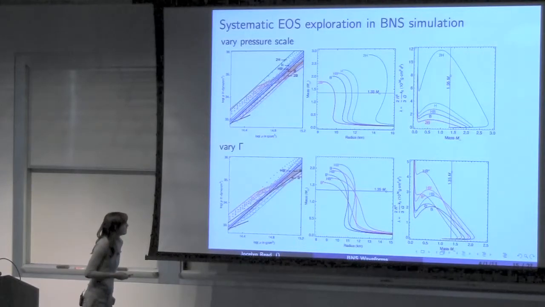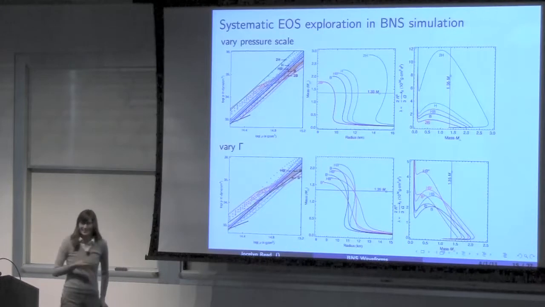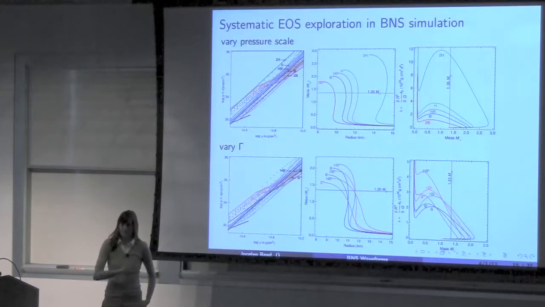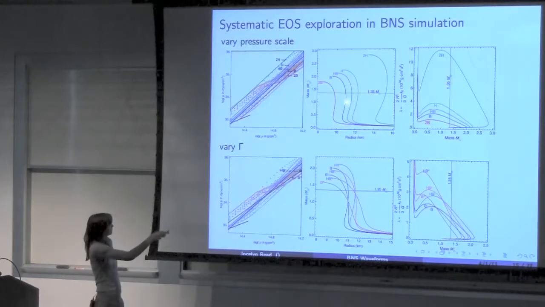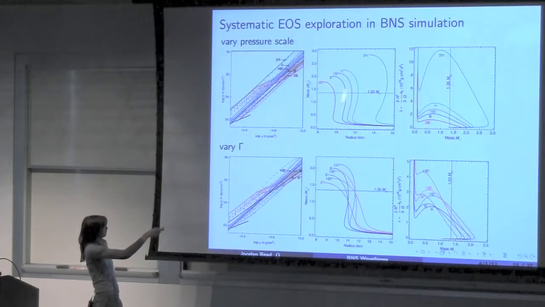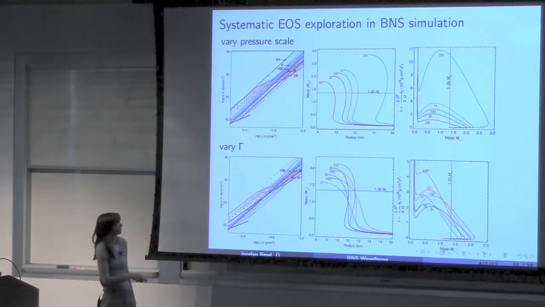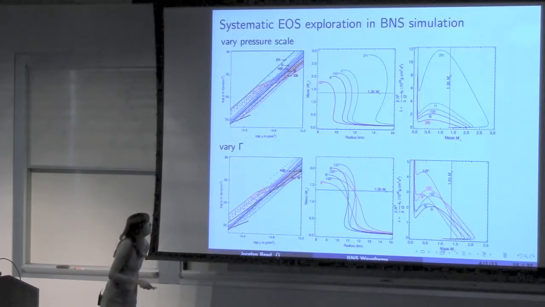But fortunately, most of these are actually still compatible with the observational constraints. The region that's most likely, if you look at the electromagnetic region, is from B to slightly somewhere between H and 2H. I'm going to focus mostly on B, H, and 2H in what I present today.